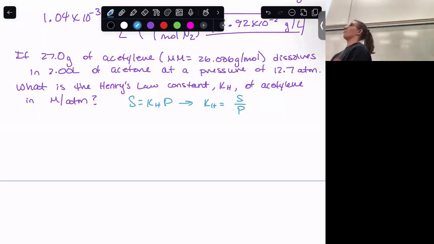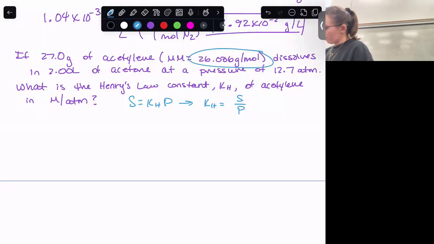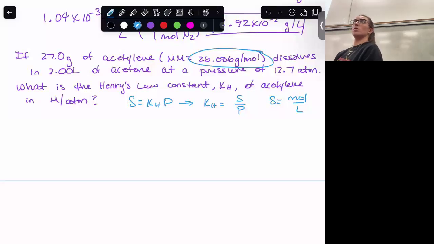What are we given that can help us get to our concentration? We're given the molar mass. We know that solubility has to be in moles per liter. Are we in moles yet? No, how can we get there?